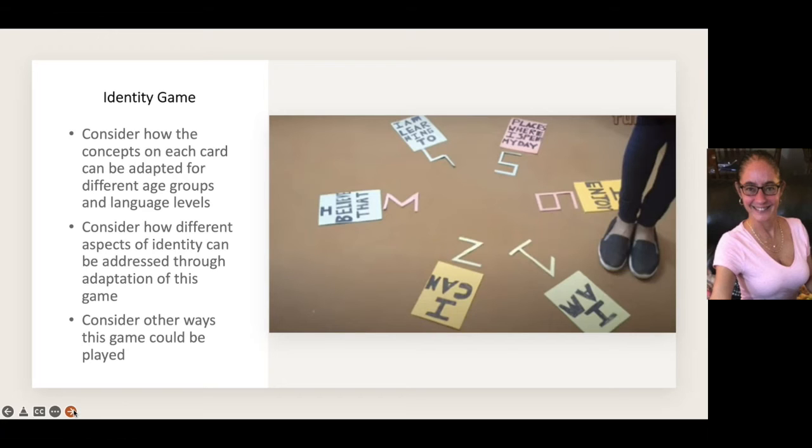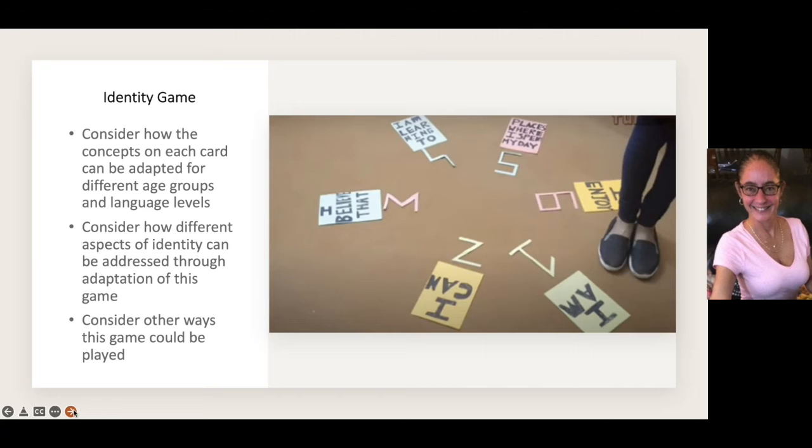And then this is very tangible, but also next, think about how different aspects of identity could be addressed through an adaptation of this game on the floor or a poster or a handout. So what if you had a more adult learner, somebody at university that maybe has a better level of proficiency?